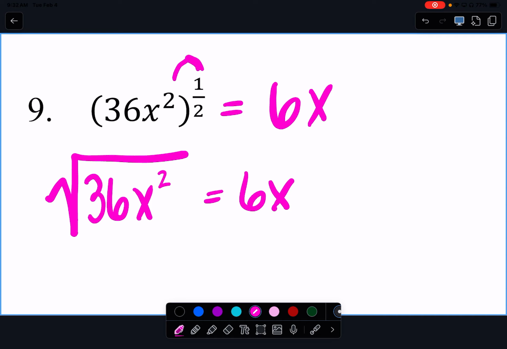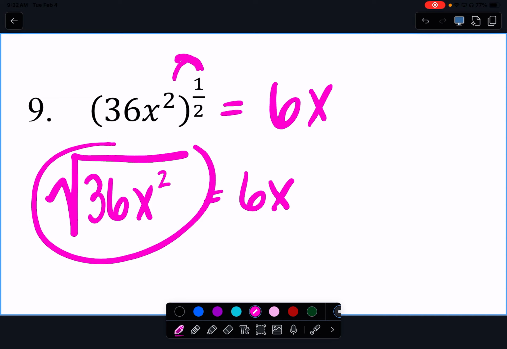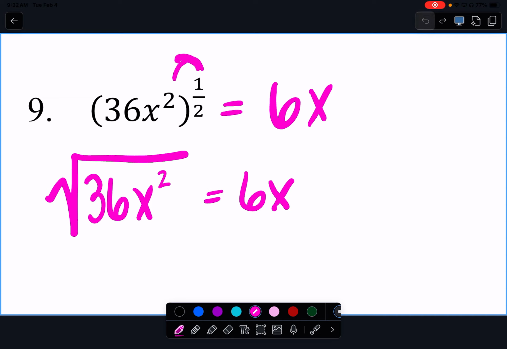The 1/2 is what creates the square root. You could also think of that one as doing 36 to the 1/2 and x to the 1. What is 36 to the 1/2? It's the square root of 36, which is 6.